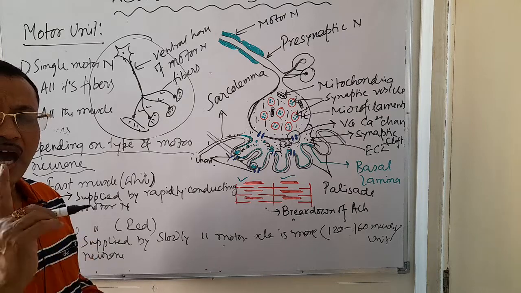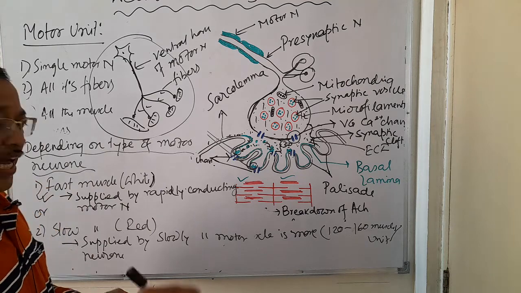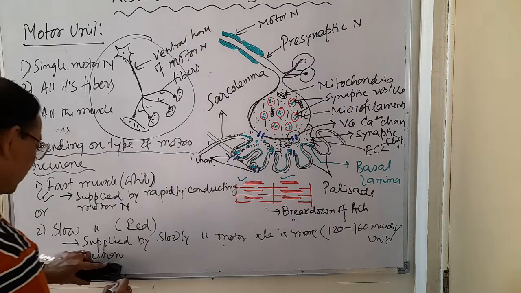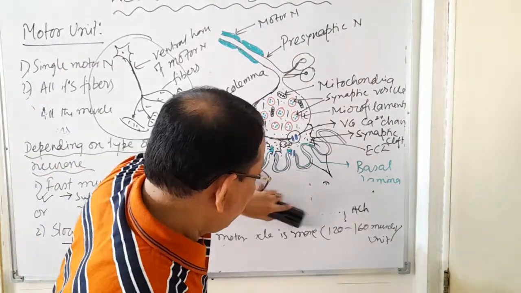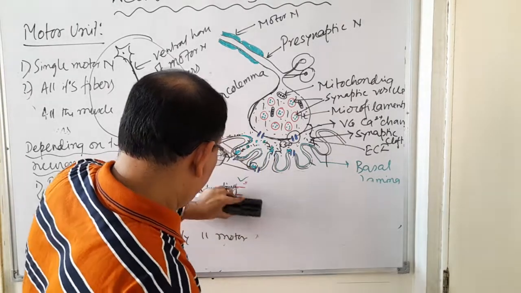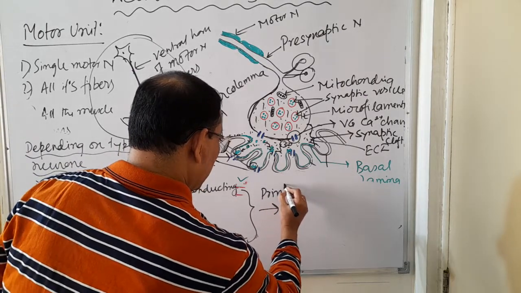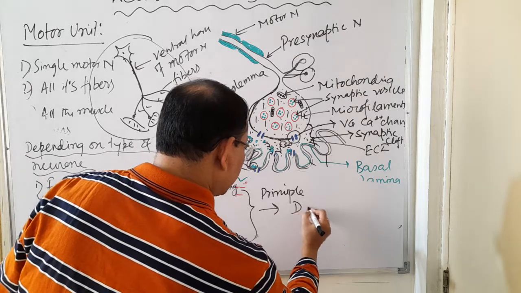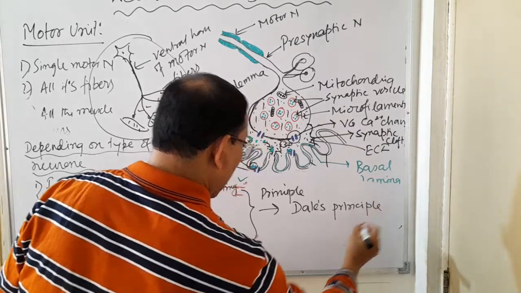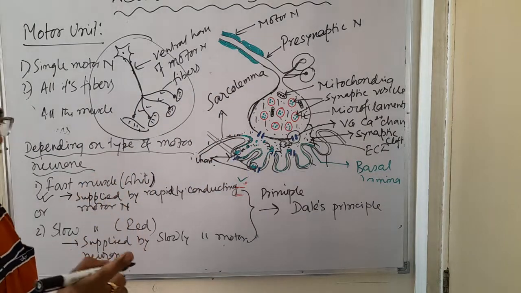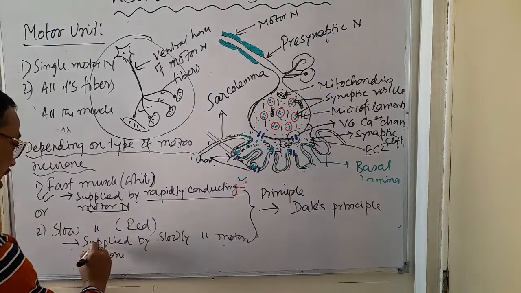So a single motor neuron either will give the supply to the fast muscle or to the slow muscles, and this principle is known as Dale's principle.